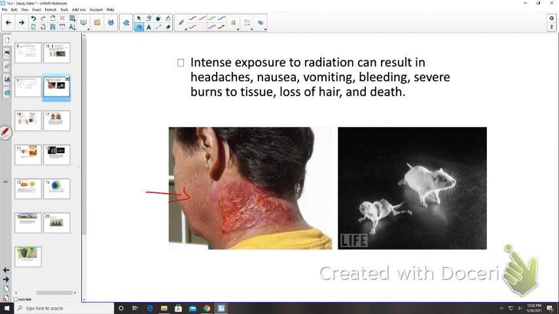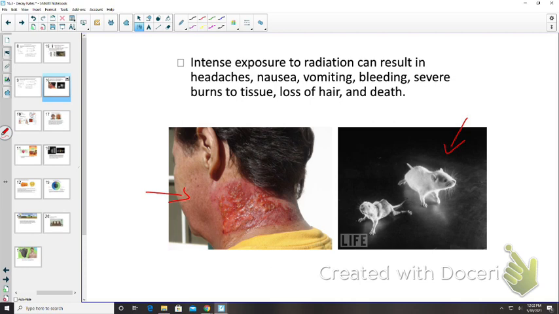Okay, this image here is a pretty interesting one. So we have glowing mice. Anytime that an organism is able to produce its own light, we call it bioluminescence. And yeah, these mice are bioluminescent. This is what we see now with gene manipulation and gene encoding.